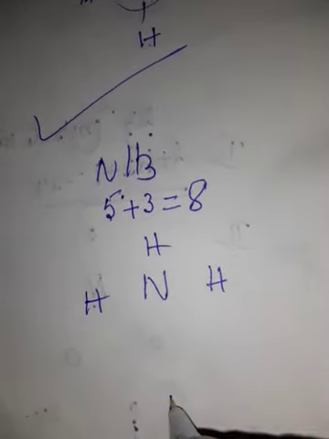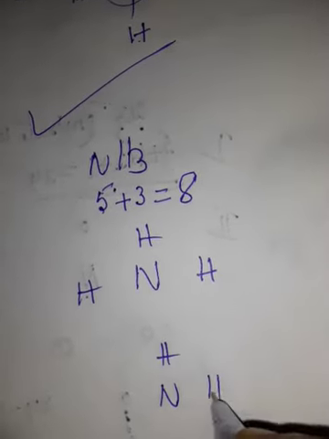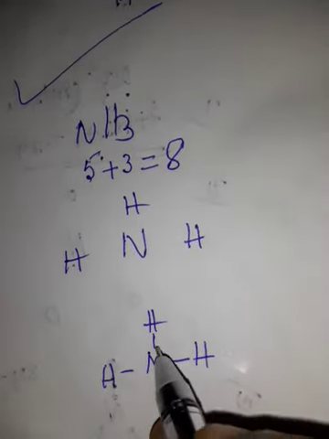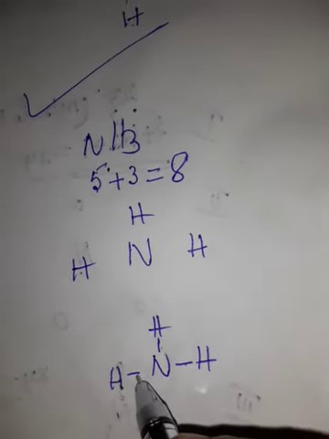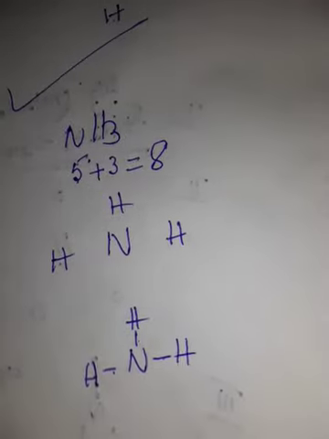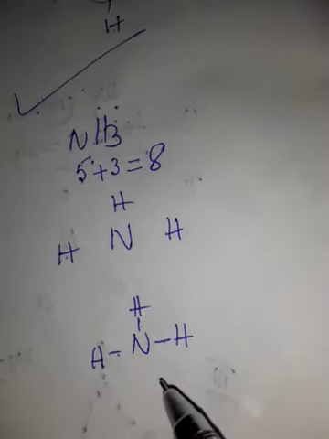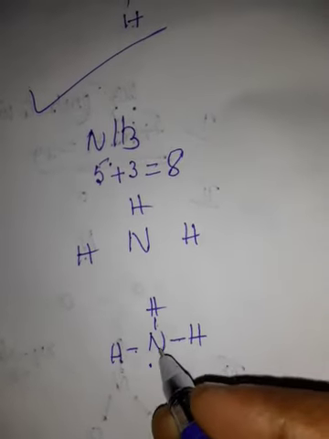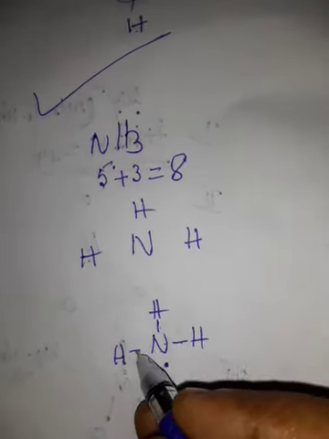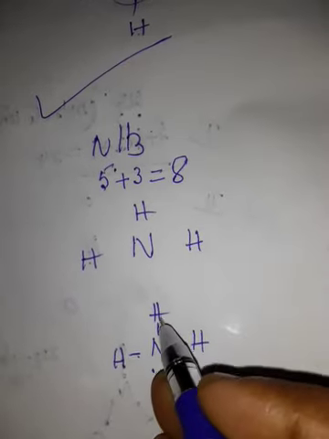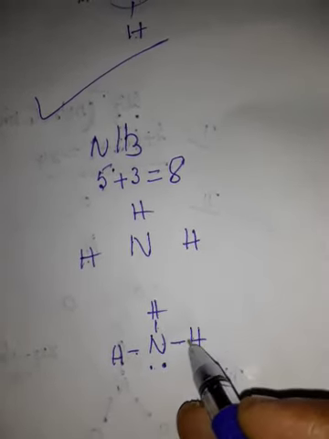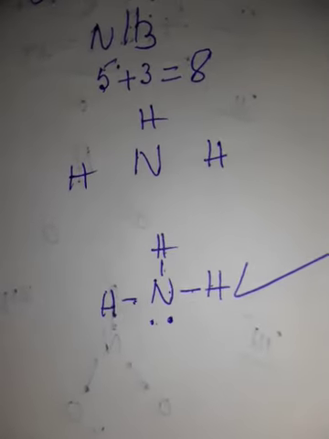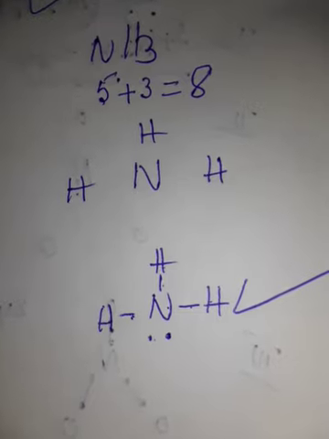Second step, then draw single bonds around it: 2 plus 4 plus 6. There are totally 8 electrons. 6 have been shared here. Remaining 2, where will it go? It will be placed here. So nitrogen, 2 plus 2 plus 2 plus 2, 8. Hydrogen duet, 2, 2, 2. That is the Lewis dot structure. Children, everything is given clearly in the book, page numbers 70 and 71.